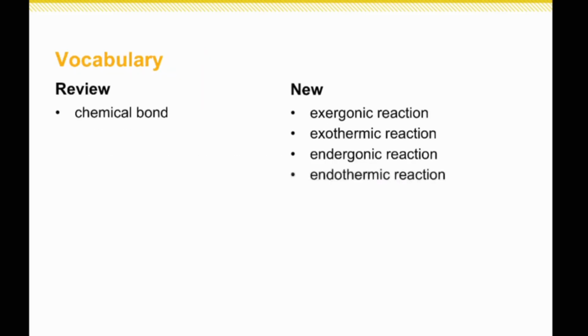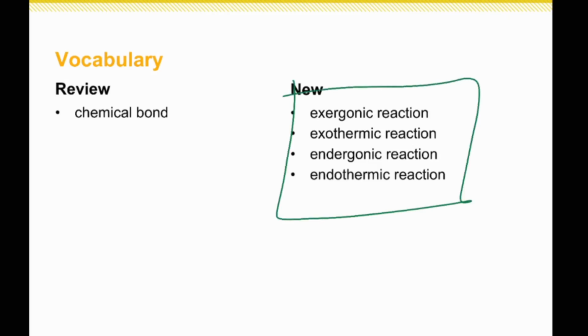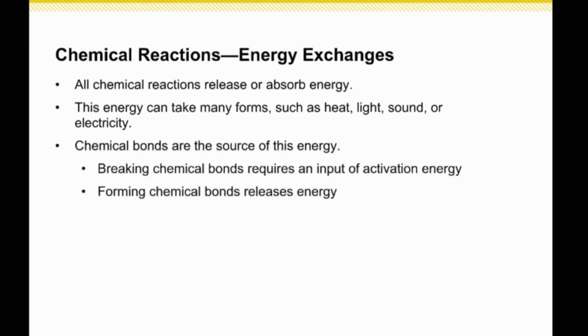So some new vocab terms for us are going to be the exergonic, endergonic pairing, and then the exothermic, endothermic pairing. And so what happens with the energy in a chemical reaction is based on how the bonding is changing.